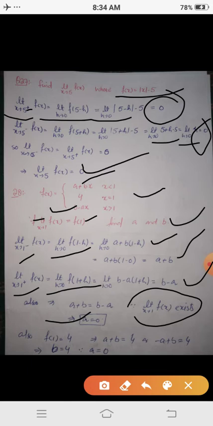Also, the value of the limit is f(1), but f(1) is 4, which implies that a + b is 4, or b − a is 4, but a is 0, so b is 4. So a is 0 and b is 4, and then the limit exists at x equals 1.